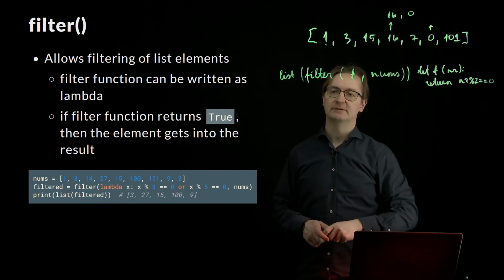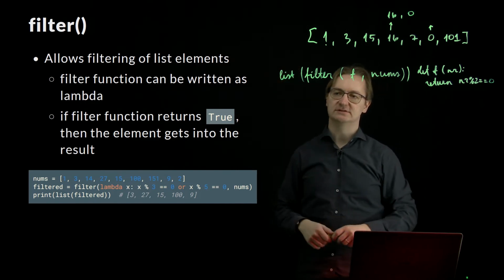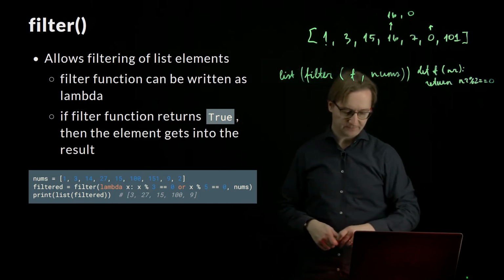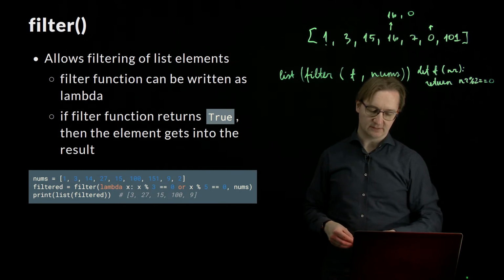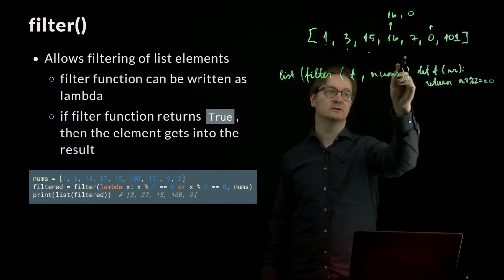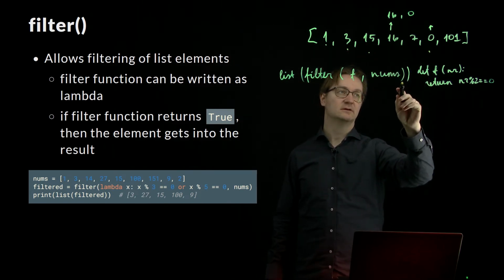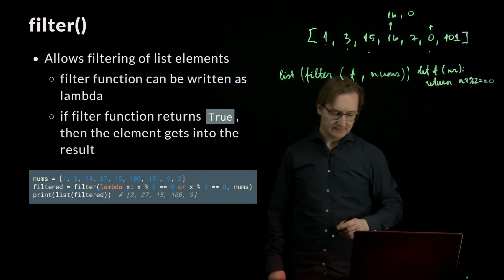But this filter is calculated when this list is called out. And in my example, I take the numbers which can be divided by 3 or 5. So I would take this one, this one, this one. And no, this one not. Yes, so those numbers.